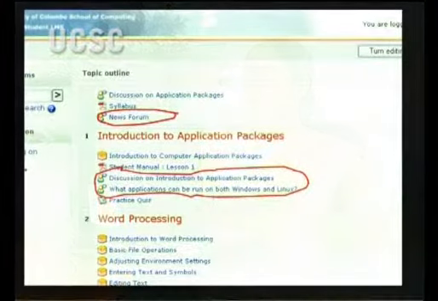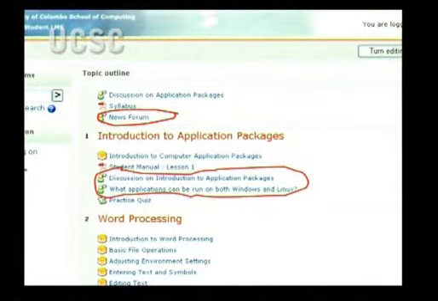Okay, this is the place where they can access the forum. This is the site. On our topic outline page, they can access the discussion forums at the end of each and every section. And on the top, they can find the news forum, from where they can see the news related to this course. So the news forum is common for this whole course.